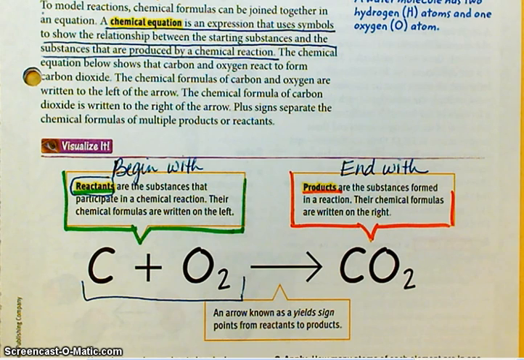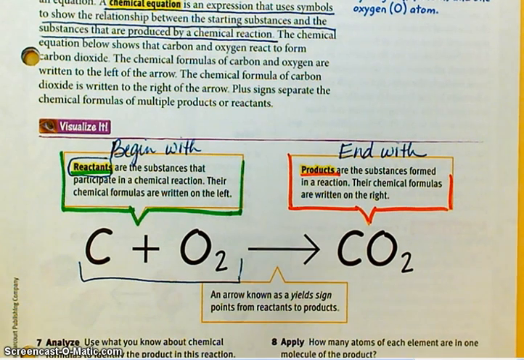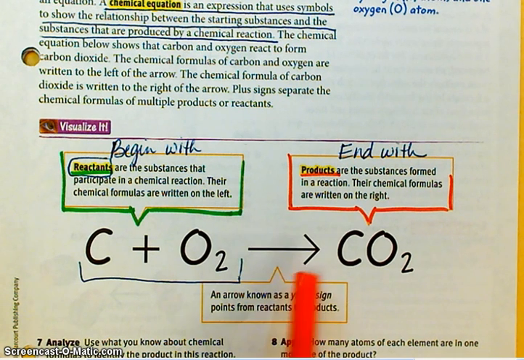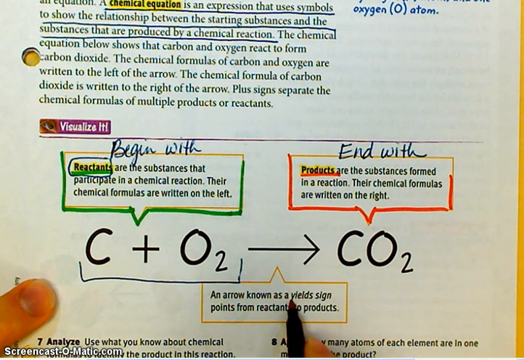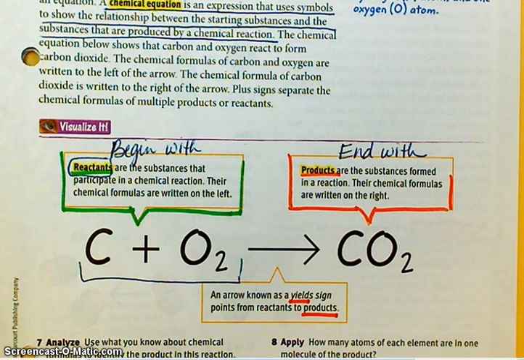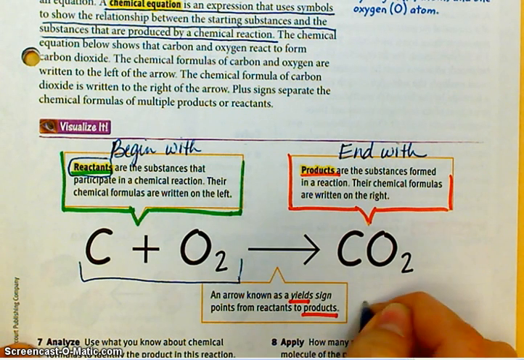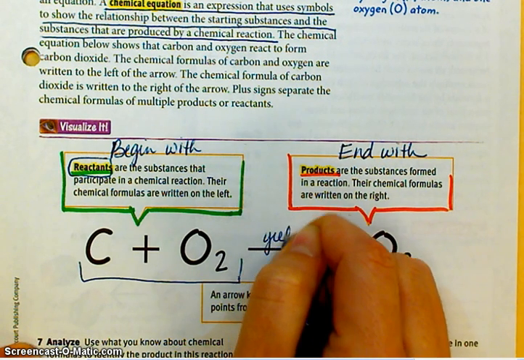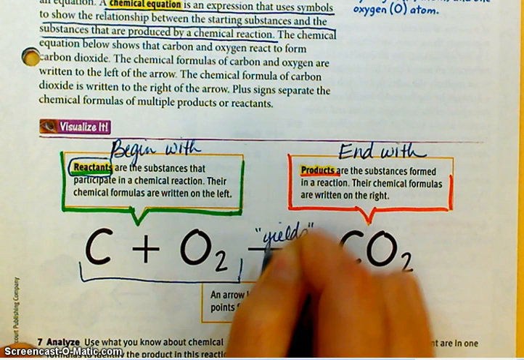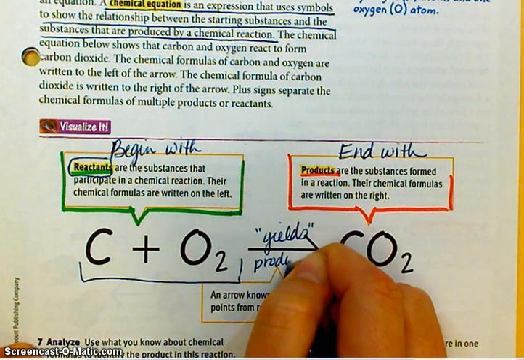Okay? So it's similar to a math equation, except instead of an equal sign, you have a yield sign, which means produces. So that yield sign, you can sometimes say it's yields, or sometimes they'll say produces. Okay.